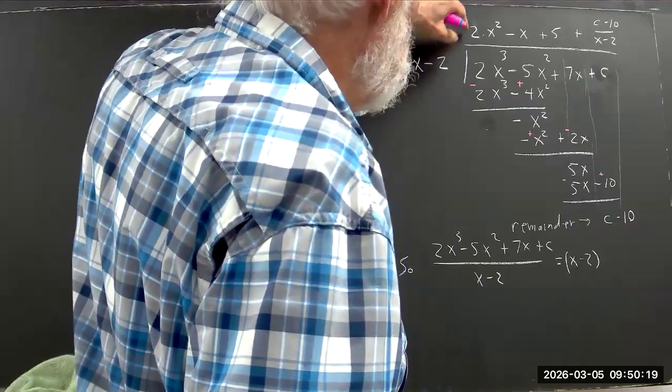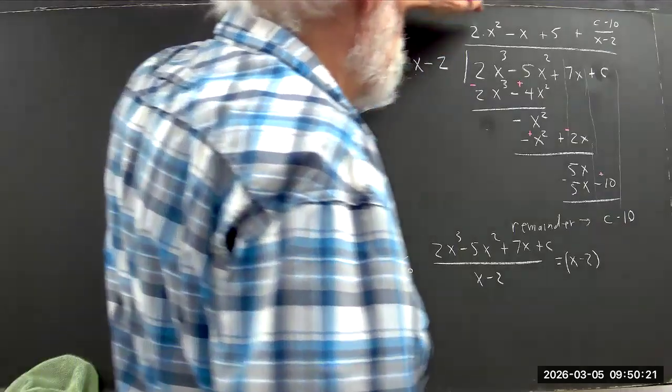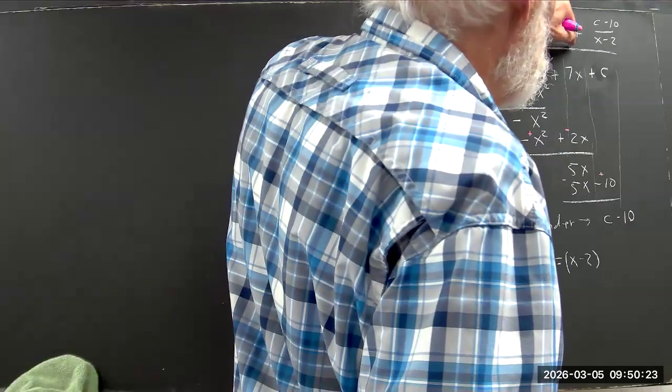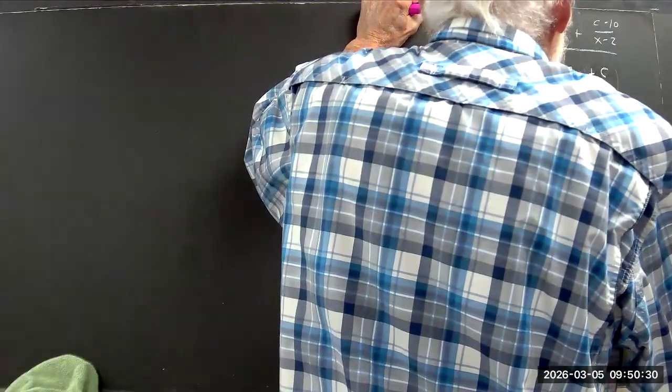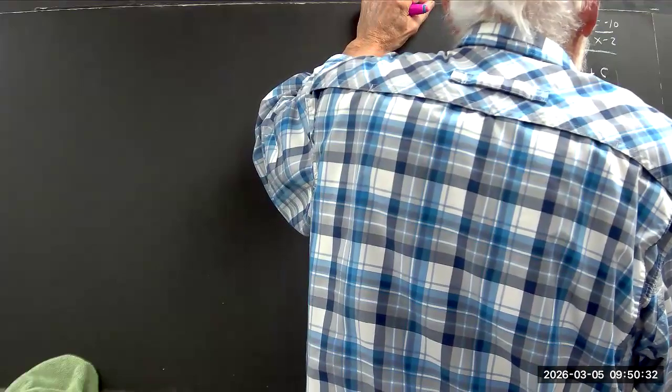It means x minus 2 times our quotient, 2x squared minus x plus 5 plus (c minus 10) over (x minus 2), has to equal our dividend.